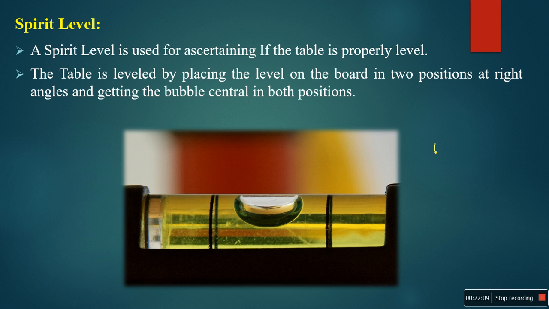So this is the plane table. You keep this instrument on one of these sides, and by making leg adjustments, you have to keep your plane table exactly level. This is about the spirit level.